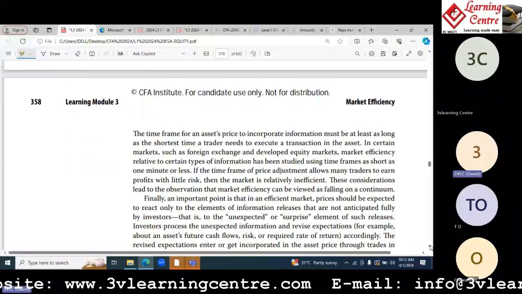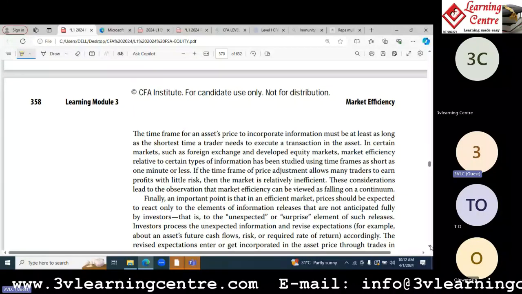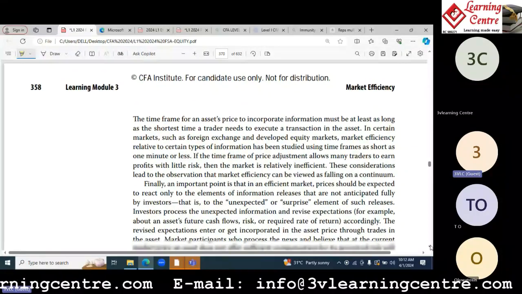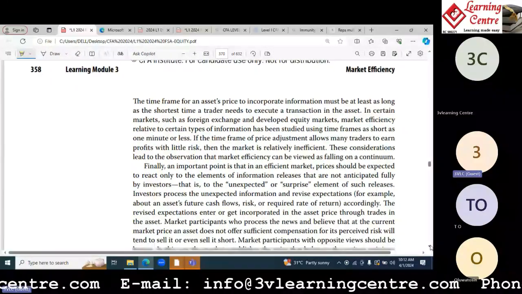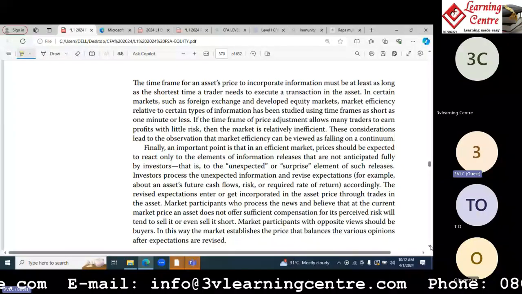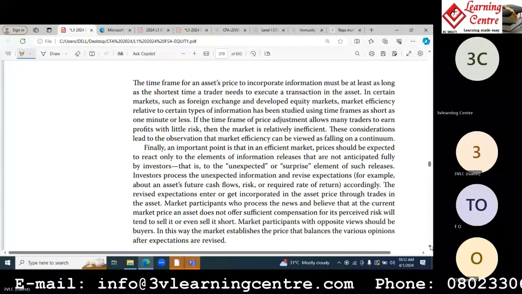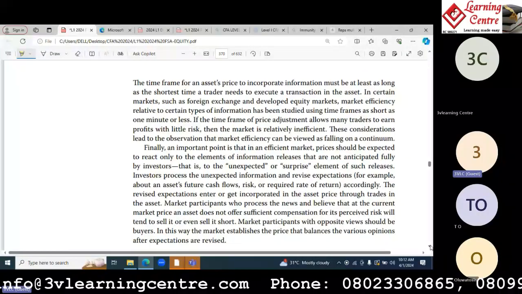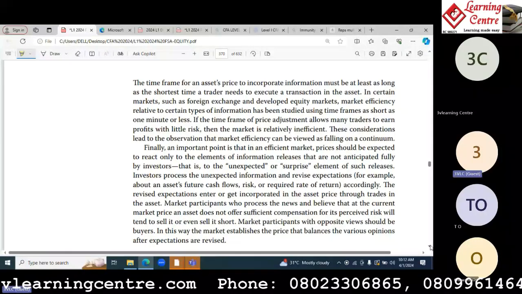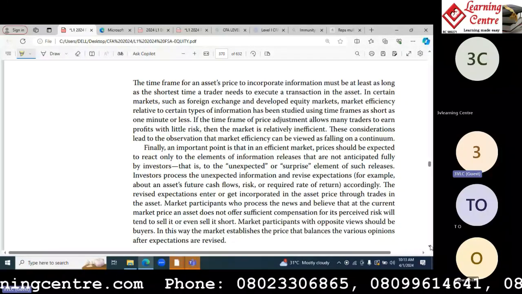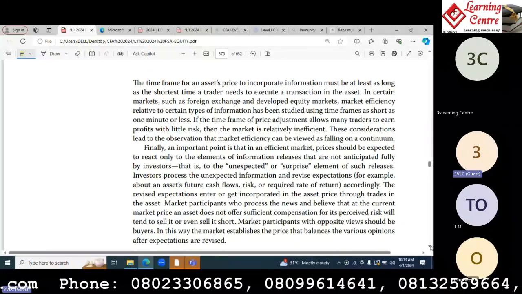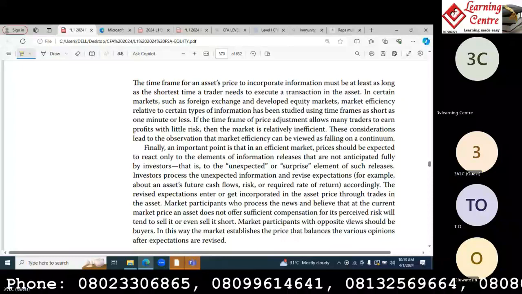So we are very particular about something called operational inefficiency, which we will talk about as we move along. Finally, an important point is that in an efficient market, prices should be expected to react only to the element of information releases that are not anticipated fully by investors.